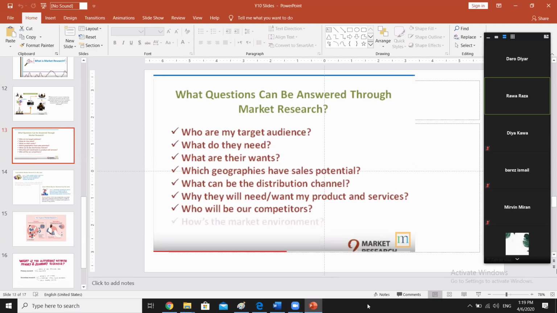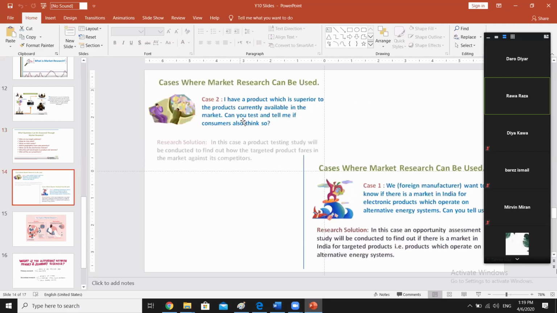That's unique selling point. So what kind of unique selling point would your product have? That should be answered by market research as well. And I put in these two examples of what problem market research could solve for business owners. So two cases. One, I have a product which is superior, meaning the quality is really good, to the products currently available in the market.